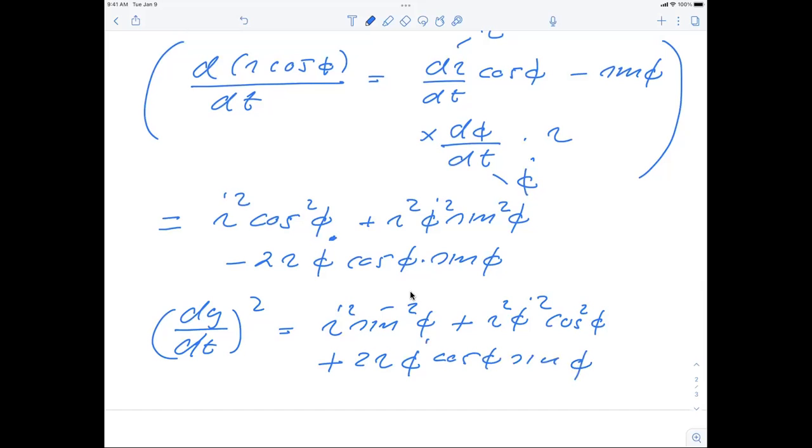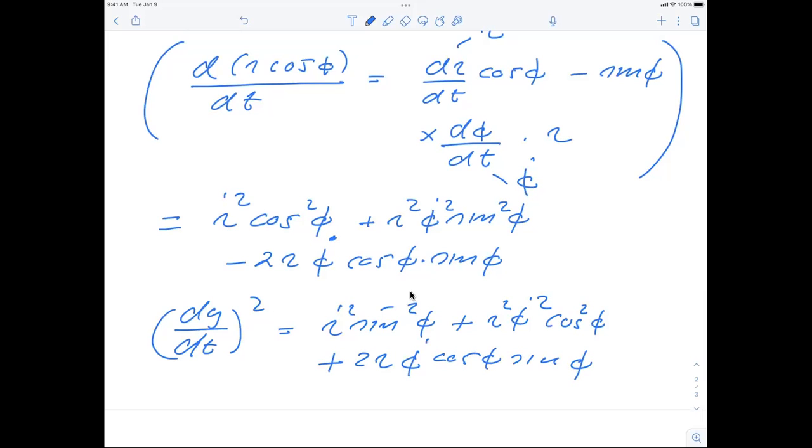And you see now that when we add these two terms, when I want the magnitude of the velocity, I have vx squared plus vy squared. I get r dot squared times cosine squared phi plus sine squared phi, which gives us 1. I have the same with r squared and phi dot squared, and the cross terms with cosine phi and sine phi cancel each other.